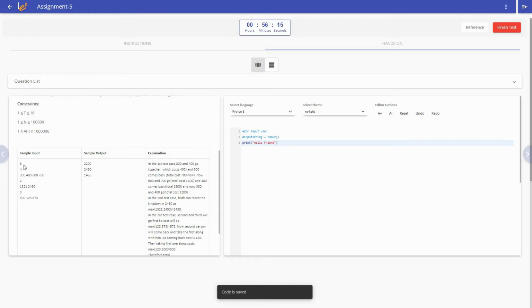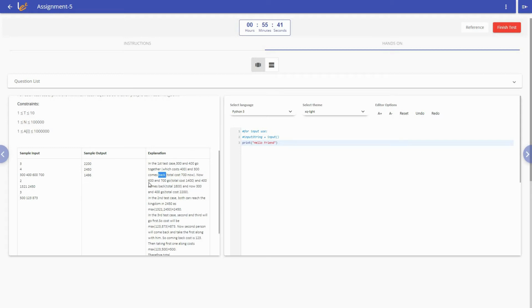For the first case, the values are 300, 400, 600, and 700. In the first test case, 300 and 400 will go together, and the cost would be the larger of the two, so it would be 400. Then 300 takes the vehicle back from the kingdom to the town, and the total cost is 700 now.